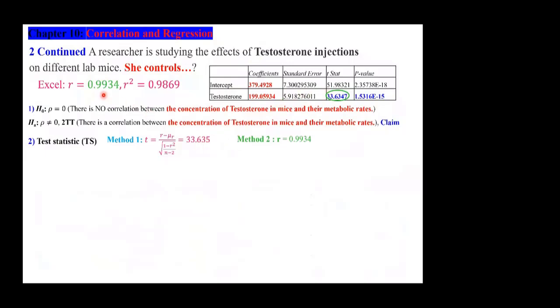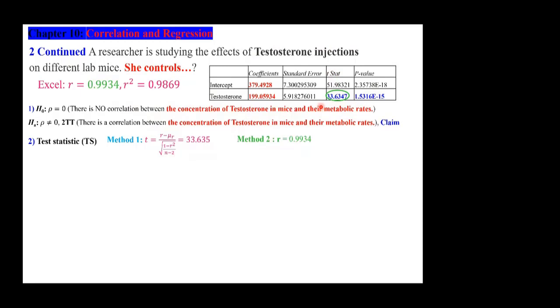For method 2, R was given, so for method 2, we use R. For method 1, we can use the R and calculate this. Or as I said, when you ran the technology, this was given to you. T-stat, it says at top.